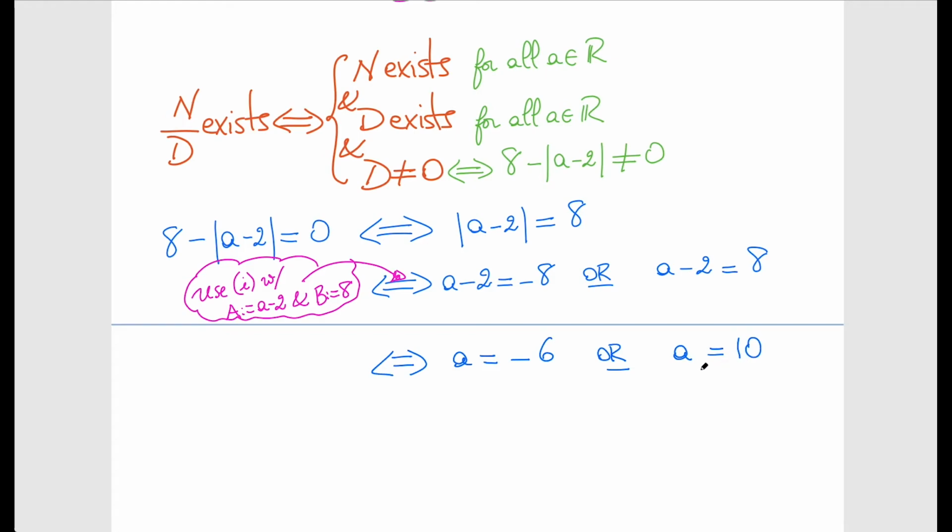So that's equivalent, because I want to negate this. If you don't want this to happen, you don't want a to be negative 6 and you do not want a to be 10, right?